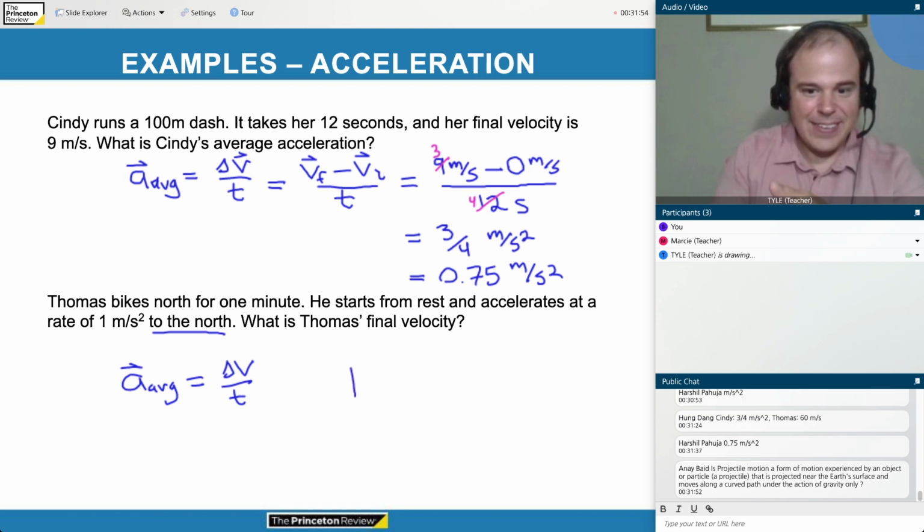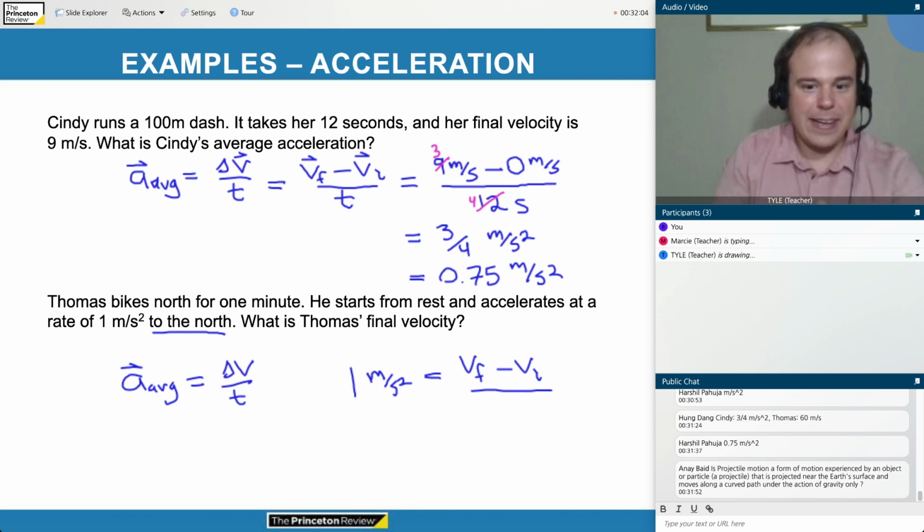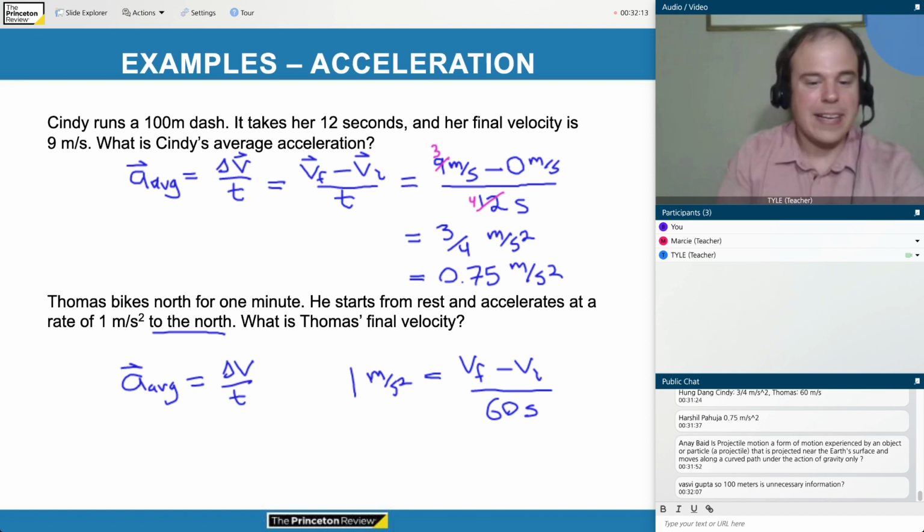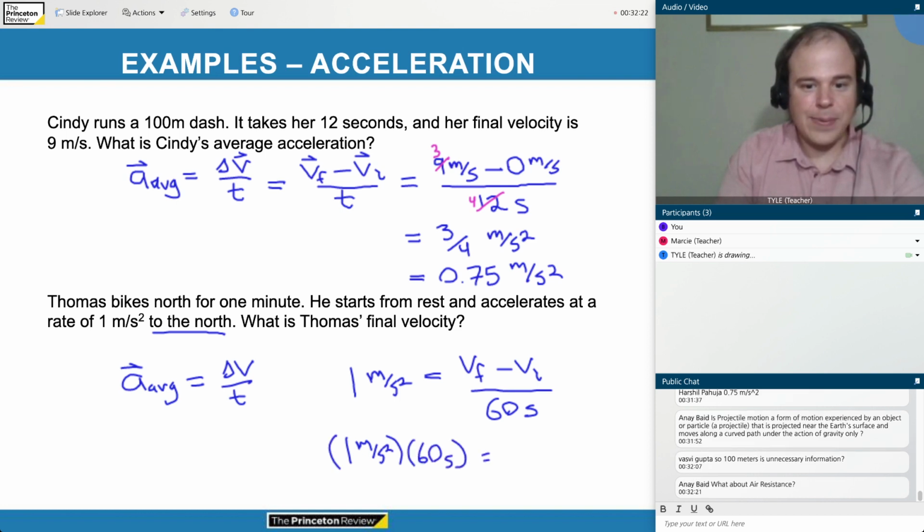Okay, so I can say that 1 meter per second squared equals v final minus v initial divided by the duration of time that Thomas bikes to the north, which was 60 seconds. Now I will multiply both sides by 60 seconds. And so I get 1 meter per second squared times 60 seconds equals v final minus v initial.